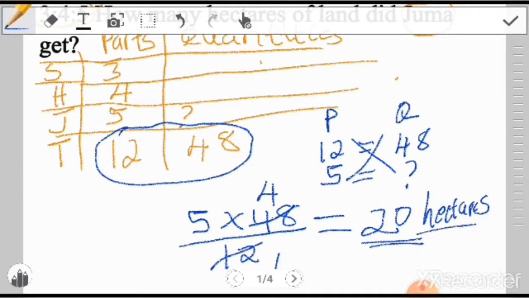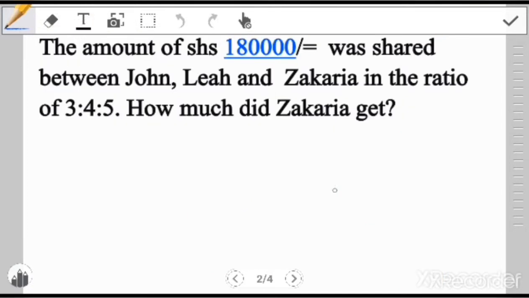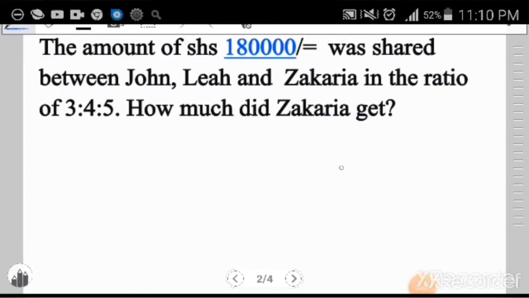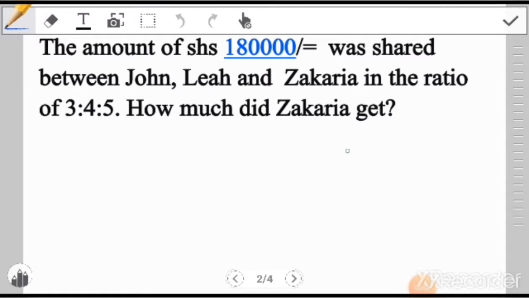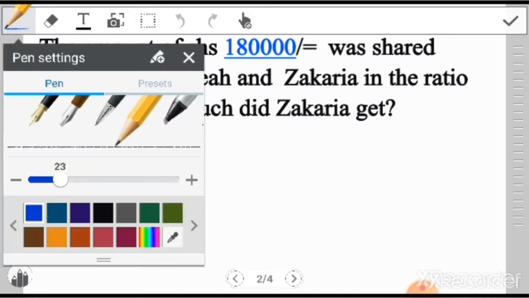So this is the answer. Let us solve the second question. Here we have 180,000 shillings shared between John, Leah, and Zachariah in the ratio of 3:4:5.